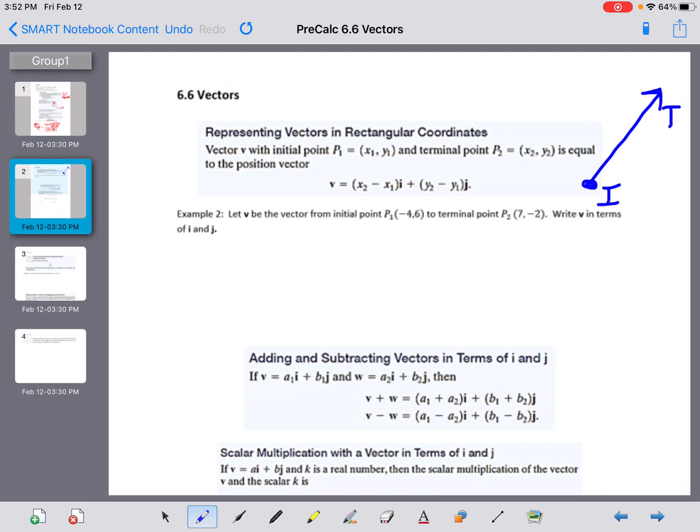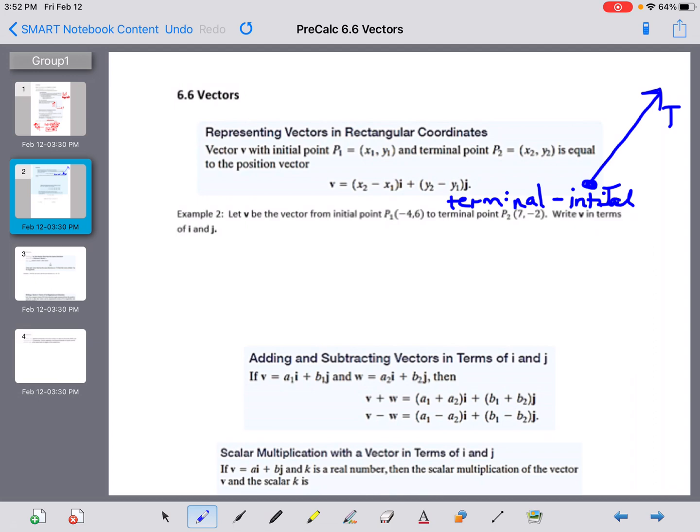We can find out what that new vector is by taking the terminal minus the initial. Think of this like your distance formula. If I want to find the distance between 2 points, I subtract my x's, x2 minus x1 squared plus y2 minus y1 squared. I'm not going to square these because we're working in vectors, but it's the same idea.